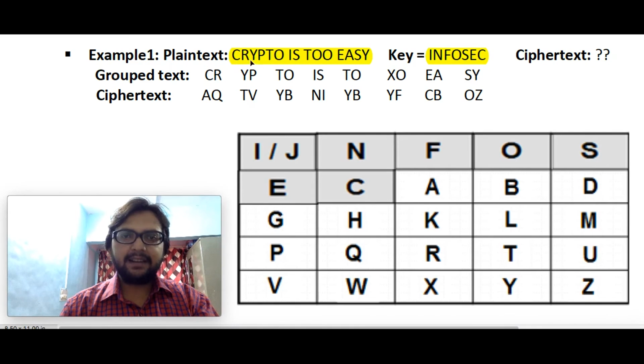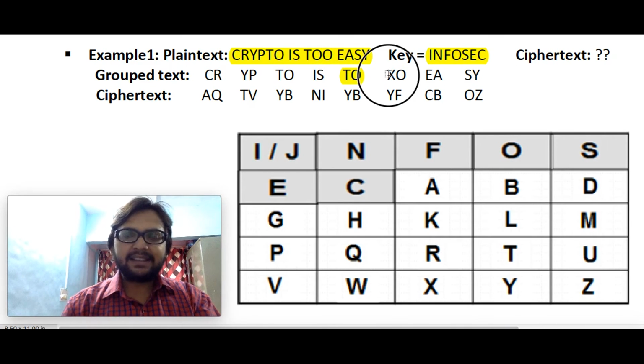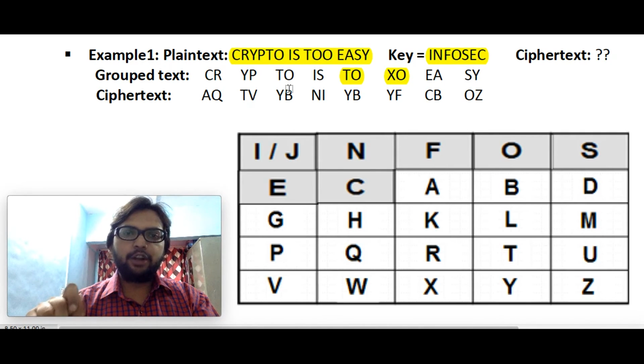So CR, then YP, then TO, IS, and remember, if any alphabet is repeating twice, then we are going to write that alphabet once, and if O is repeating twice, then next time we are going to write O with X. Remember, we are going to write O with X. So XO, then EASY. Suppose we talk about the word ball, so L is repeating twice.